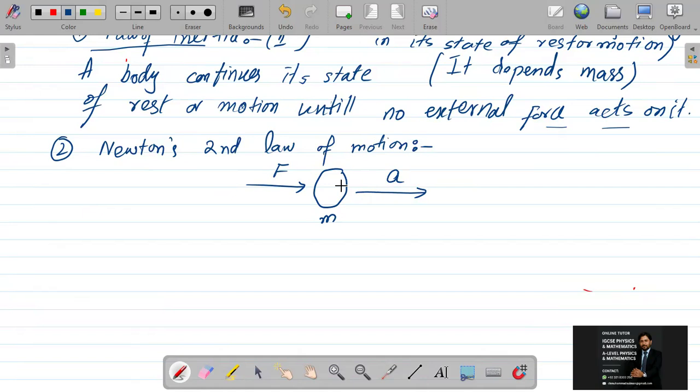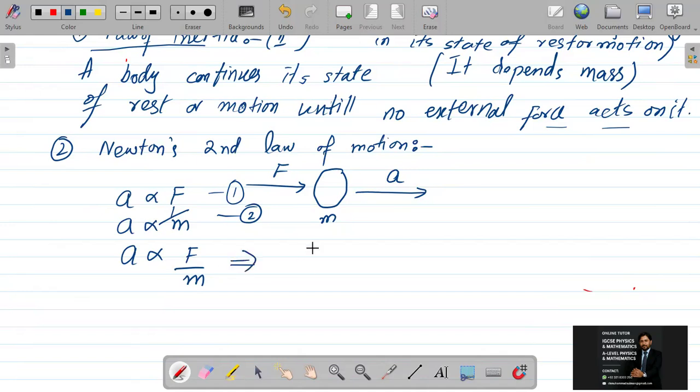Then this produced acceleration is directly proportional to the applied force and inversely proportional to the mass of that body. If I join both of these relations, then A is directly proportional to F over M. And for removing this proportional sign, I introduce a constant k, so a equals kF over m.